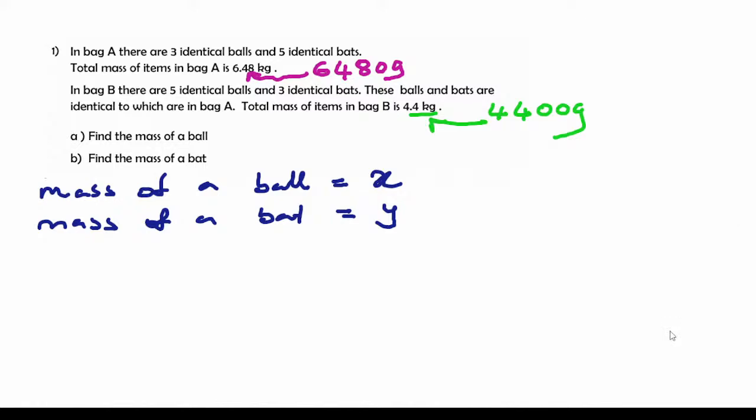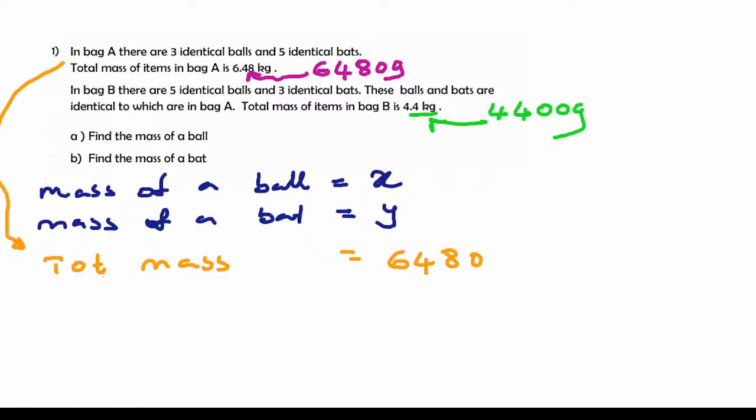Right. So based on the first information of bag A, I can build an equation, right? So the total mass is equal to 6,480 grams. Now, how do we get the total mass?